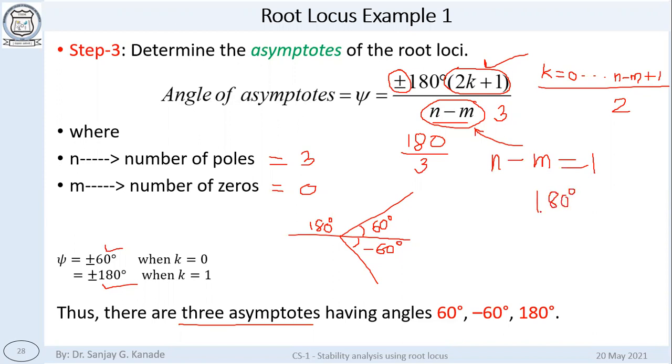There will be only 1 asymptote. So can we create something like this? If n minus m is 1, the angle will be 180 degrees. If n minus m is 2, what will be the values of the angles? 90 and 270. Am I right? Or in other words, you can write it as plus or minus 90.